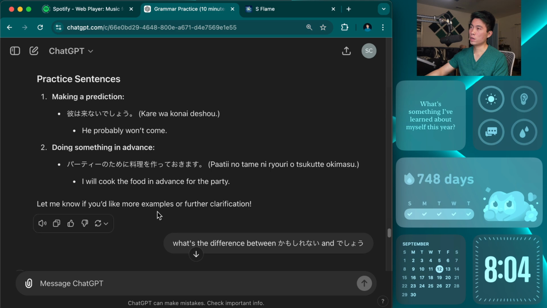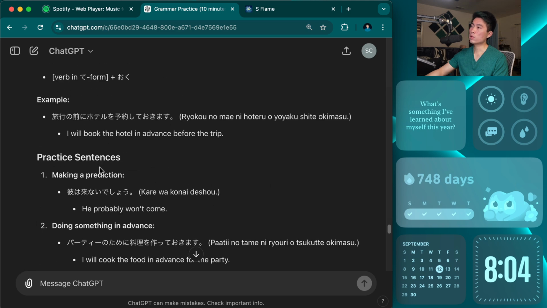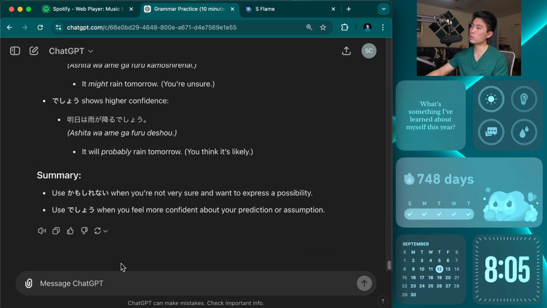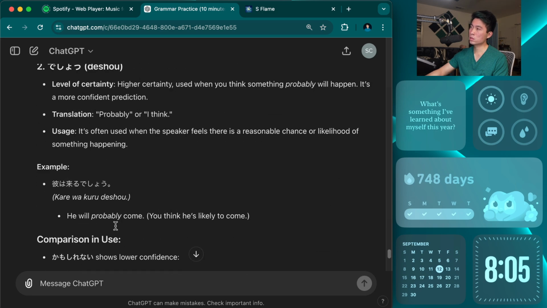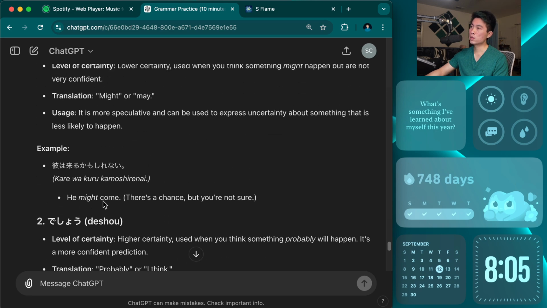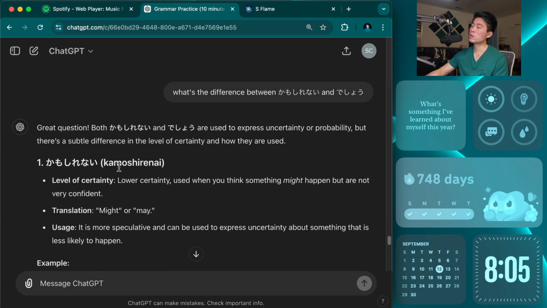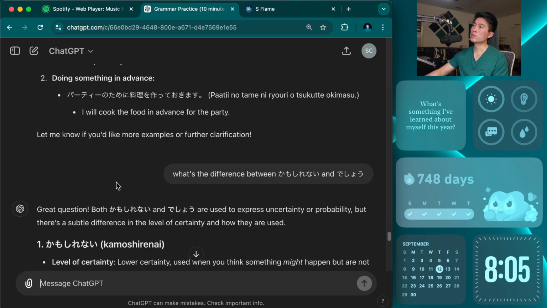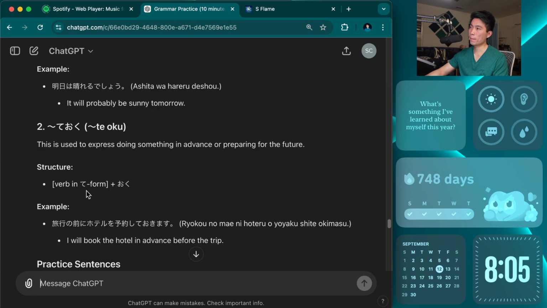And then we have my other question related to oku. Where is it again? I'm so zoomed in. Okay. I'll just use this sentence.